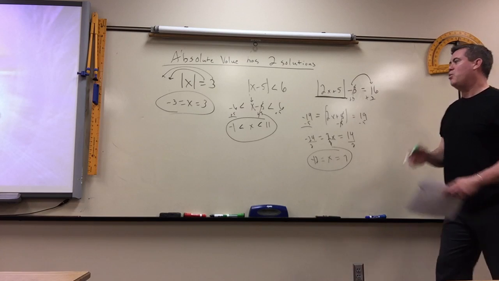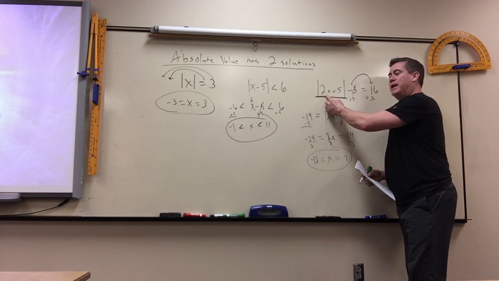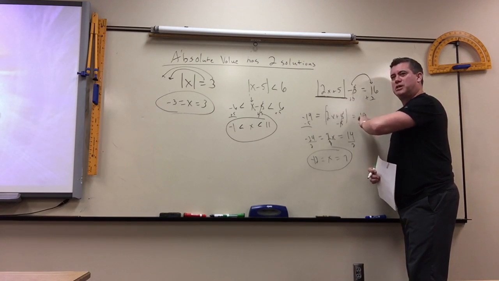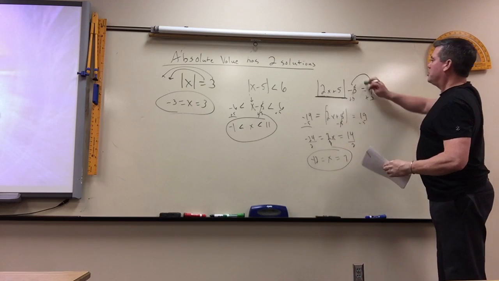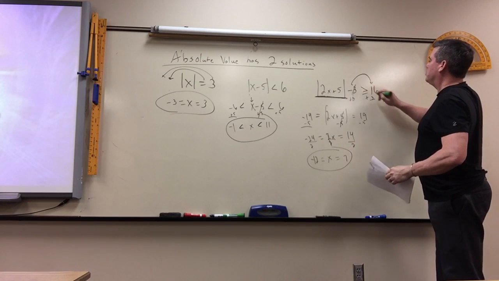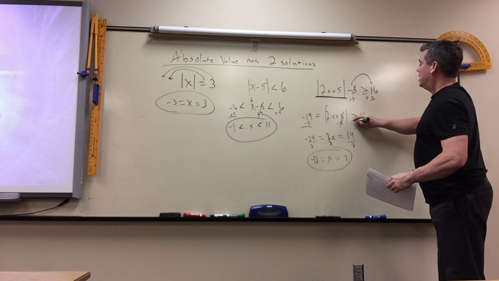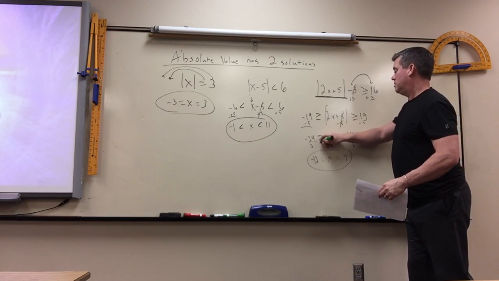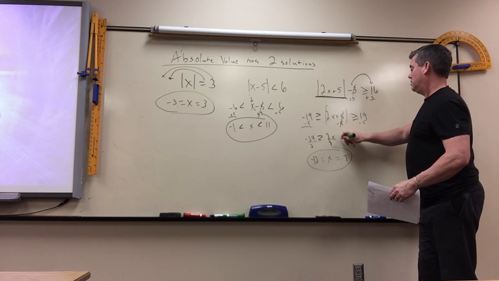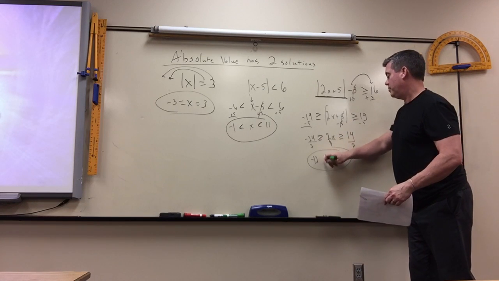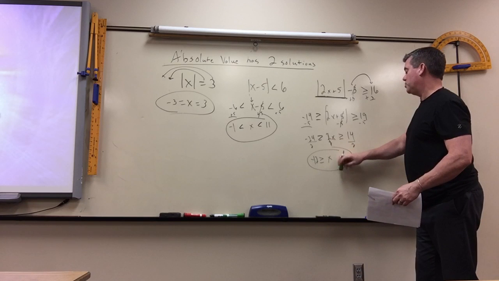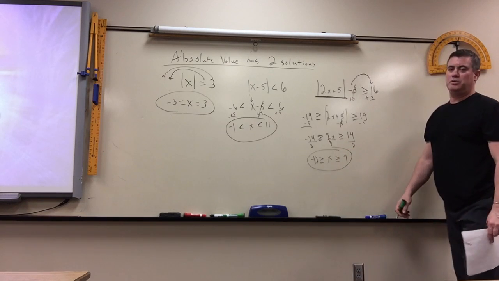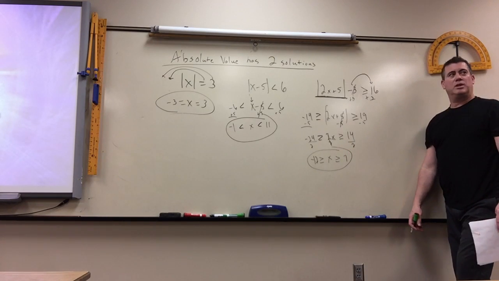The only thing you got to watch for is if you ever divide by a negative, you're going to end up switching the directions of the signs. So if this would have been a greater than or equal to problem, it's solved exactly the same way. It's just it's not equal to it. It's got the greater than or equal to signs in there. Nothing different.